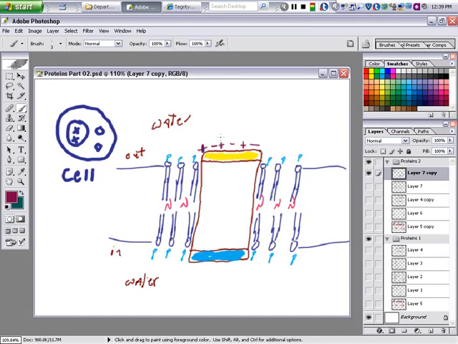Hydrophilic. Give me a hydrophilic amino acid. Lysine, exactly. And so you're going to have polar amino acids here. Make sense?